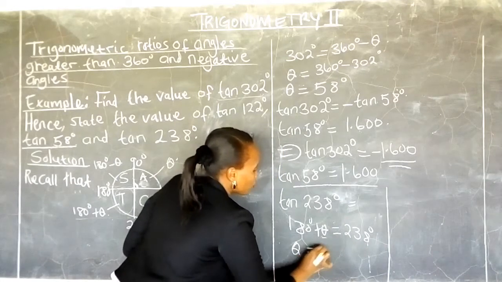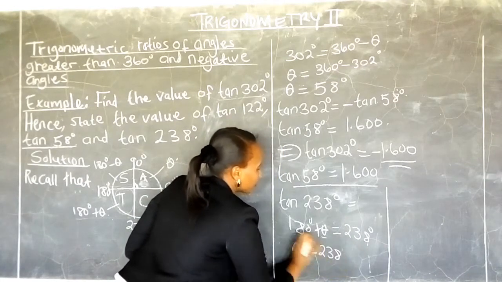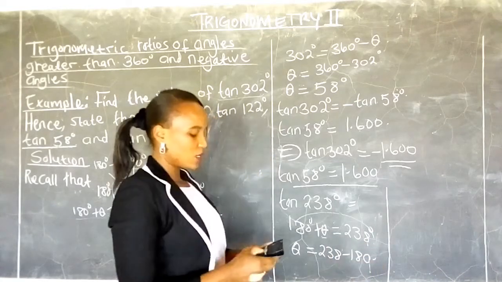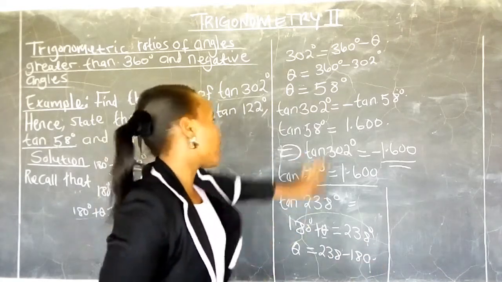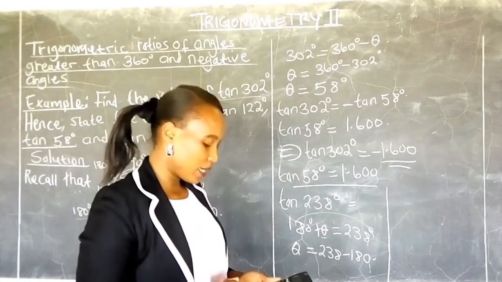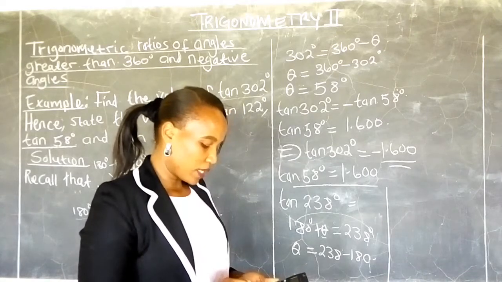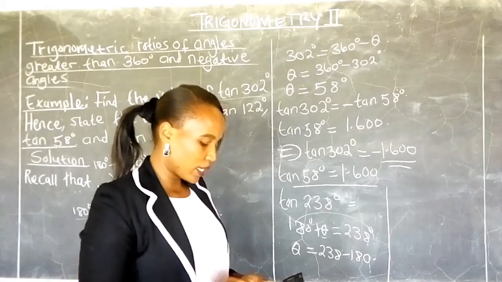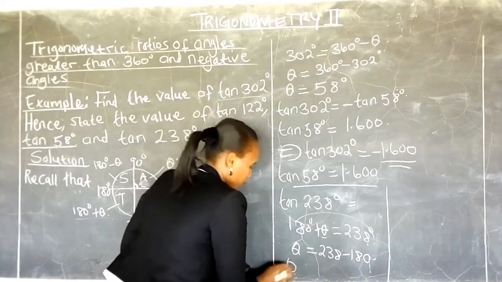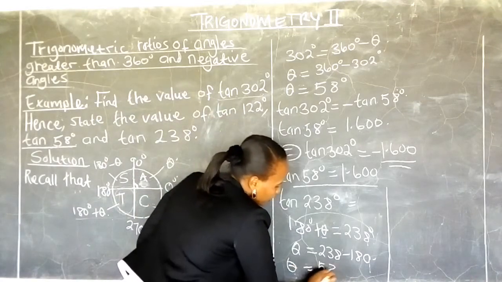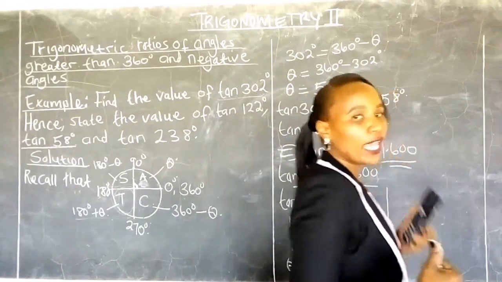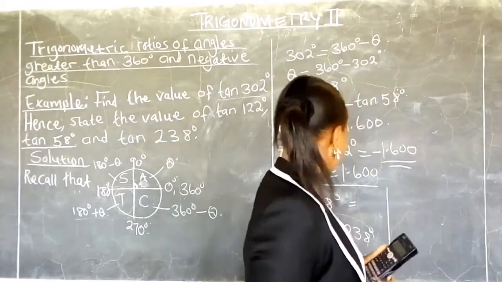Theta is equal to 238 degrees, we take to the other side minus 180. Let's see what we get. We are expecting the answer to be 58. Let's see whether that will be the case. So 238 degrees minus 180, we get 58 degrees. So we are okay.